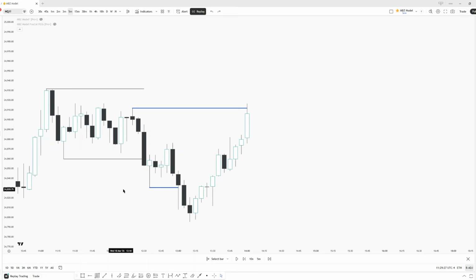So how do we spot that? Well, based off the first part of the masterclass of MBZ, we looked at type 4 MBZs, right? What you would look for on that is fair value gap, opposing candle, and bearish reversal in this case. And how do we know it's a true bearish reversal?